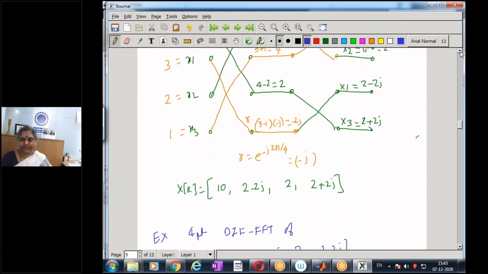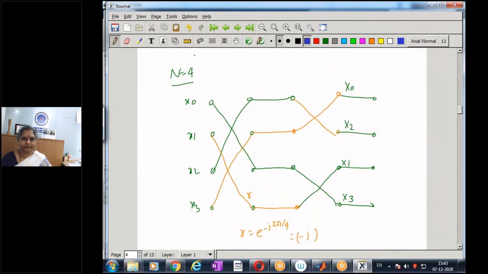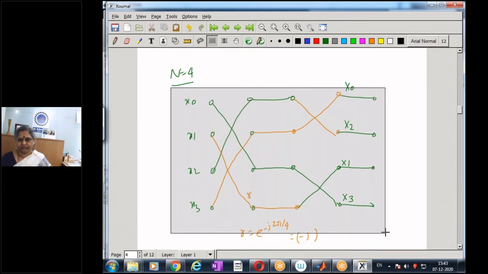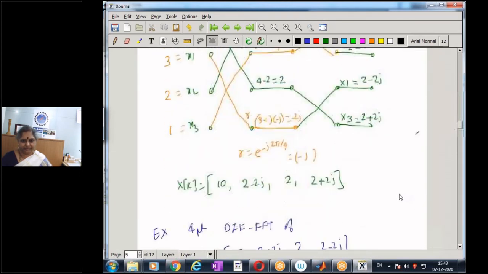So now we want to again do a DIF FFT. Let's get the basic diagram below, and we'll put the values and compute the result.